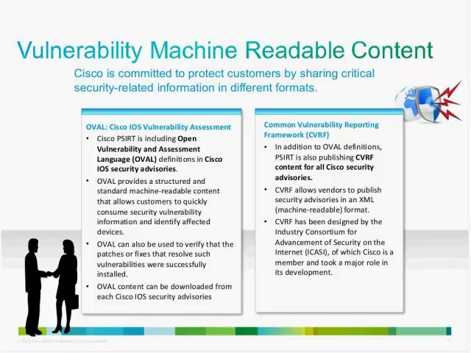For example, you can use it to verify not only that patches or fixes are available, but also that a device is configured based on a configuration best practice, in other words, following a secure configuration, or in some cases configuration templates that allow you to have consistency within your network. Now, all the OVAL content can be downloaded from each security advisory, and I'll show you that later in the presentation. And it's completely free.